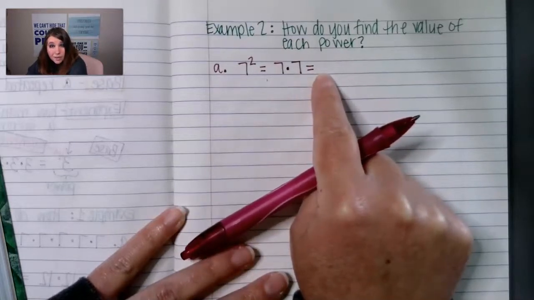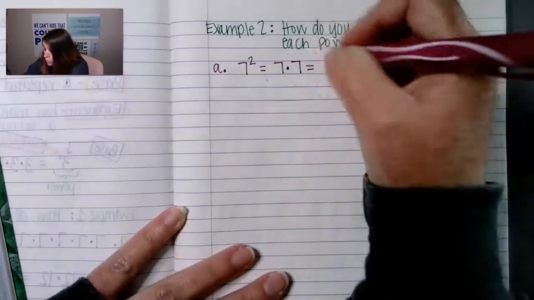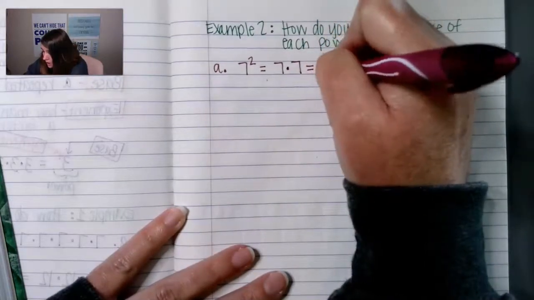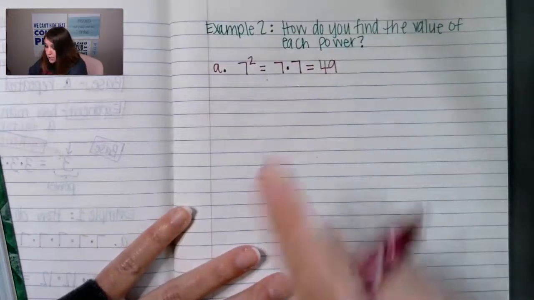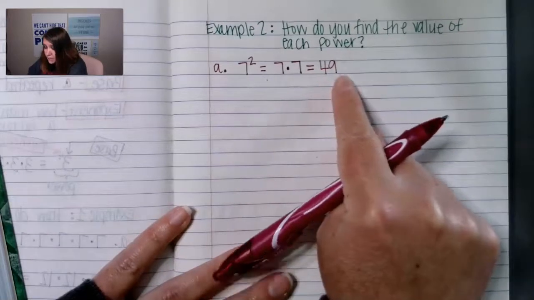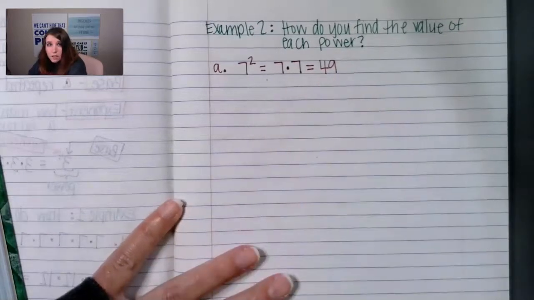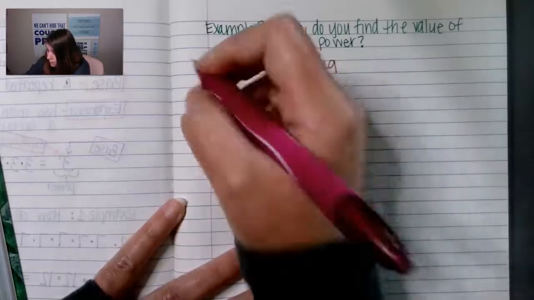So the value is how much it's worth. It's worth 49. So we're going to use these 2 factors to get a value of 49. Okay, next, let's look at another one.